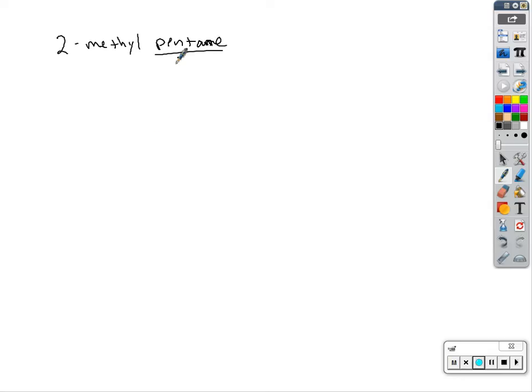Start with that. Pent means 5, ane means single bonds. Again, there'll be no doubles or triples to draw in the branched ones because we're not going to get that far. So go ahead and draw in your parent chain. Start at the end. Then address the branch.